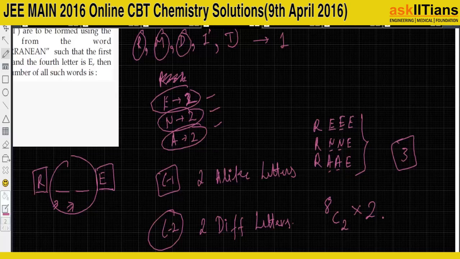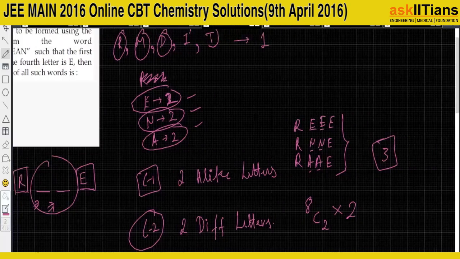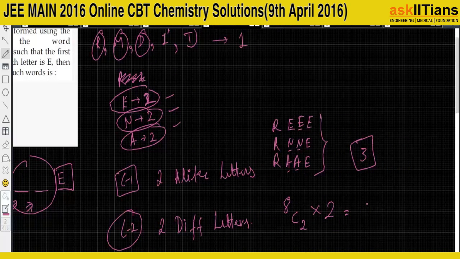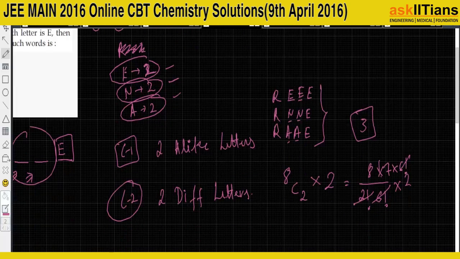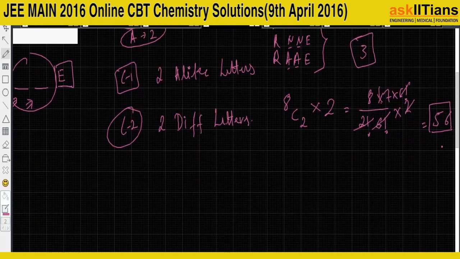So multiply by 2 because we are considering the arrangement also. This is 8 factorial by 2 factorial times 6 factorial, multiplied by 2. So this becomes 8 times 7, the 2 gets cancelled, and I get 56 different ways for two different letters.